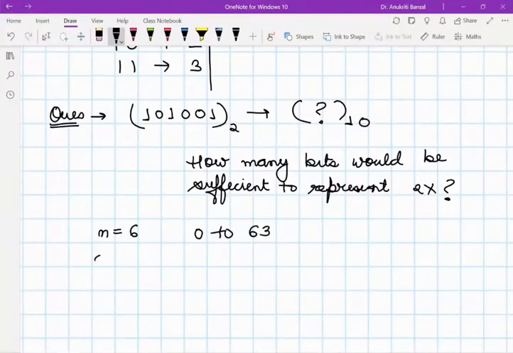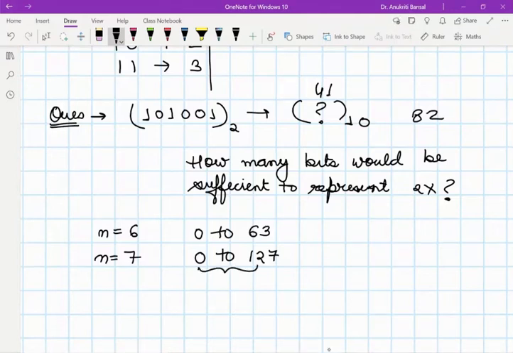If I take n equals to 7, the range of numbers which can be represented is 0 to 127. And this number is 41. Twice of this number is 82. So this can be represented using at least 7 bits. Is this clear?